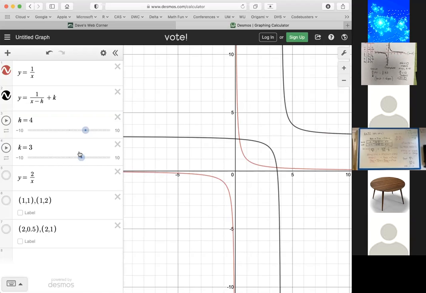Rabbit feels trapped, so he's coming back upstairs. But I want to show you something about this graph.